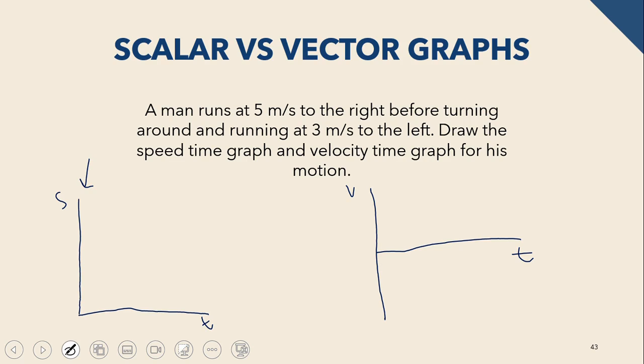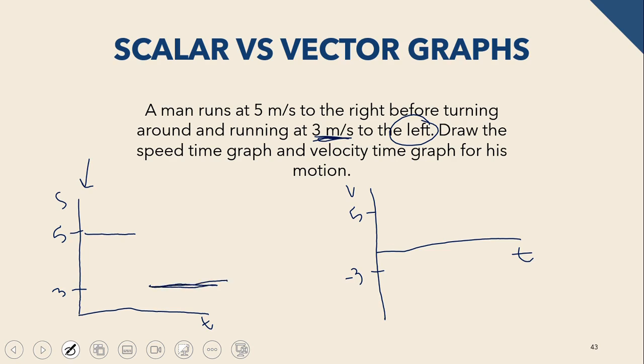We're just looking at the speed of 3 meters per second, not the fact that he's moving to the left. So let's draw this out. Let's mark this as 3 and this as 5. And then over here we got 5 and we got -3 down here, which signifies the left. So our man starts by running to the right. And then he ends up running to the left, and decreases his speed to 3 meters per second.